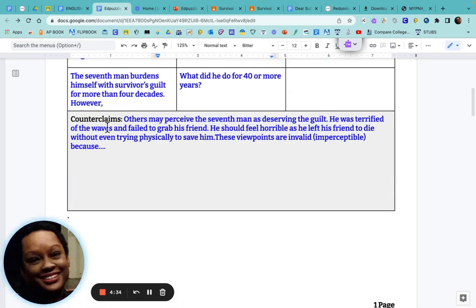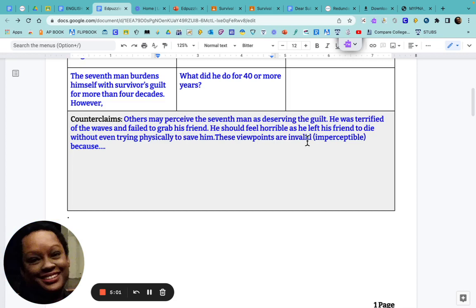Then in this next section, you're going to put the counterclaim. The counterclaim deals with someone who disagrees with your argument. So I gave you an example here. Others may perceive the seventh man as deserving the guilt. He was terrified of the waves and failed to grab his friend. He should feel horrible as he left his friend to die without even trying physically to save him.